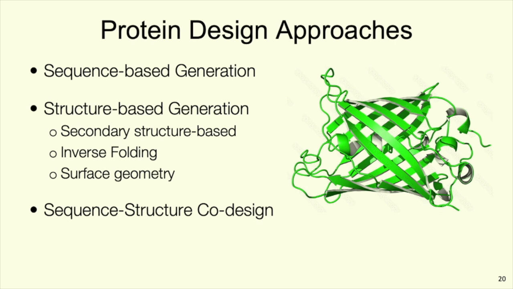We can use the structure to guide the generation, either using the secondary structure or a full 3D structure, which is called inverse folding. Or we can use some partial structure, for example the surface of the protein, to design the whole protein. And we can go further to combine the two together: sequence and structure co-design, by considering the sequence and the 3D structure together.